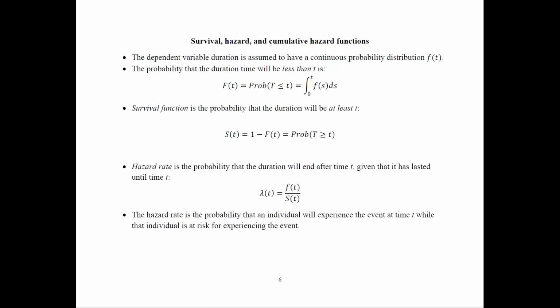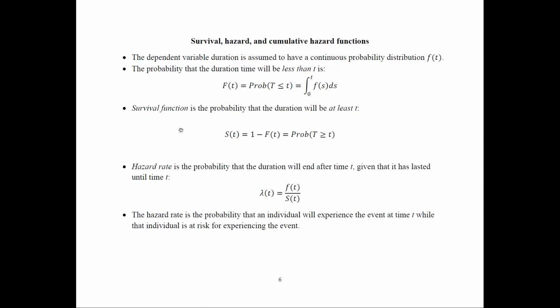And the probability that the duration time will be less than t is capital F of t, and it's right here, capital F of t, and that would be the probability that this duration would be less than or equal to time t, and that would be the integral of f of s ds. So this is the probability of this duration time being less than t.